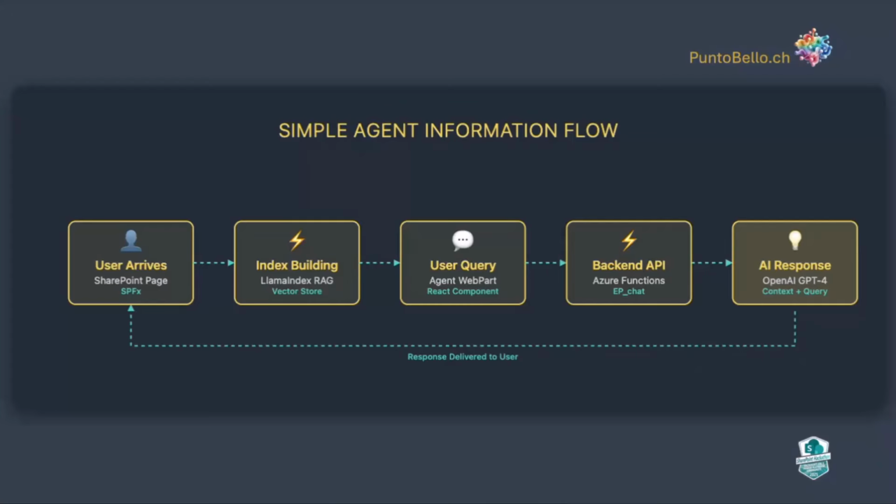Then the user can ask a question. It is sent to the backend, another endpoint, and then the RAG retrieval is performed and fed to the LLM, which generates a response, which is then streamed to the user in our SPFx part. That's the simple agent flow.